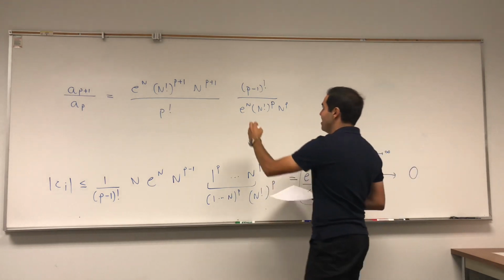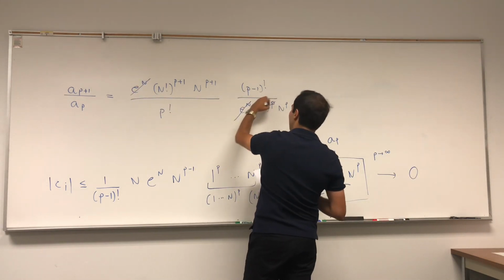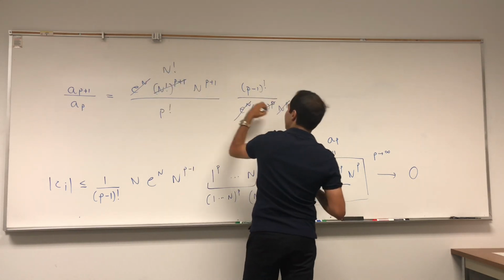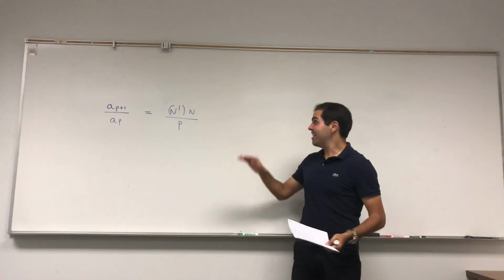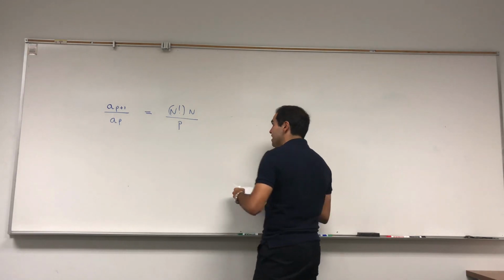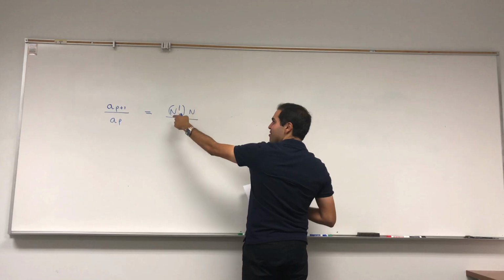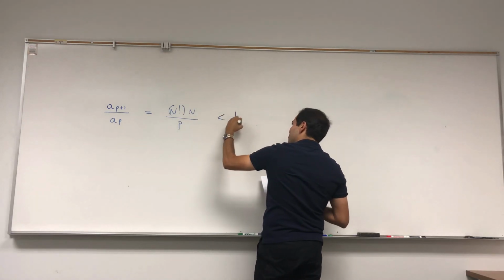Now, there's a nice cancellation. The n factorials cancel out except for one term. The n to the p's cancel out except for one term. What we're left with at the end is just n factorial times n over p. And if p is very large, remember p is much bigger than n, we can in fact make this less than 1/2.